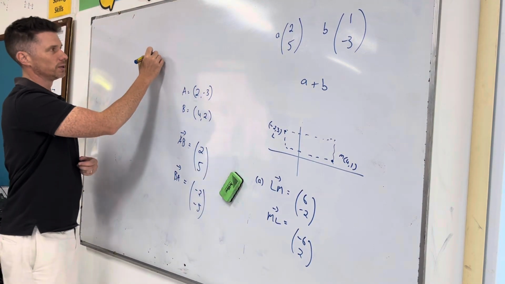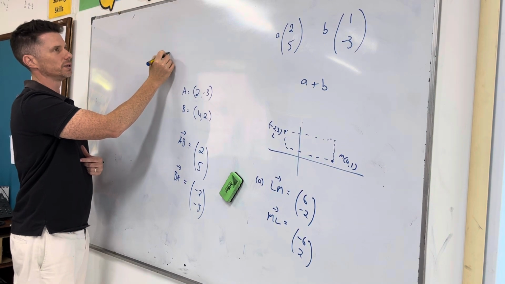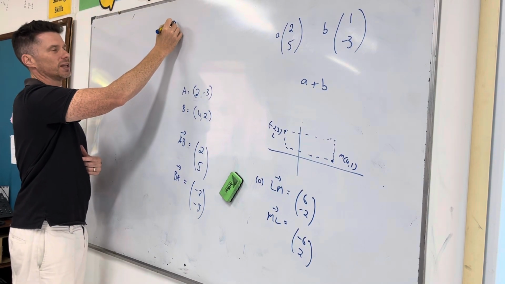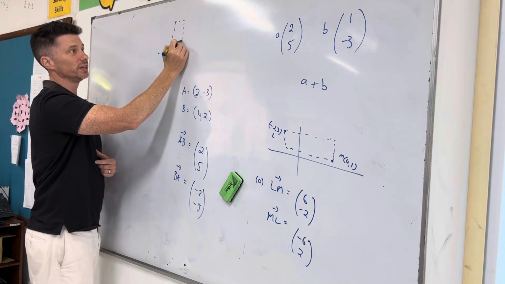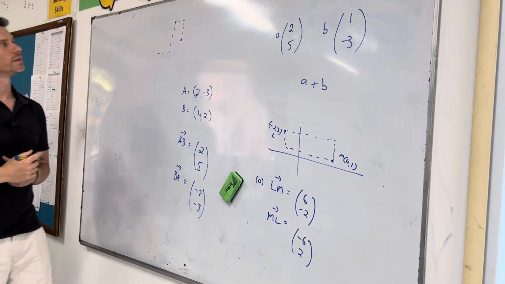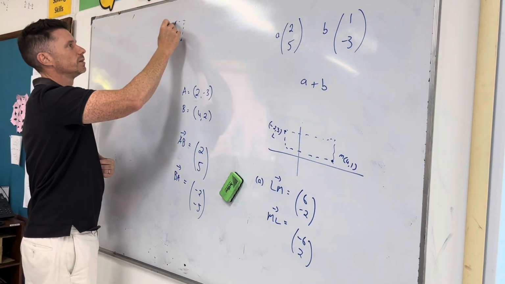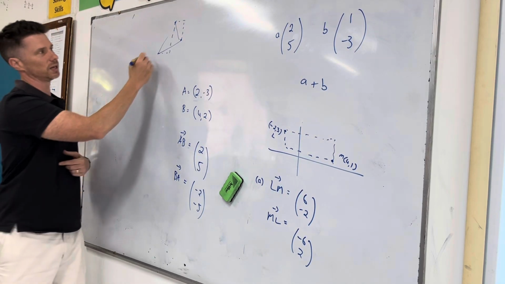If I start here at A, and I go over 2, up 5, and I'm at this position, and then I go a B journey of over 1, down 3, where have I ended up? So I've gone there and there. I've combined the 2 into this triangle, or this vector.